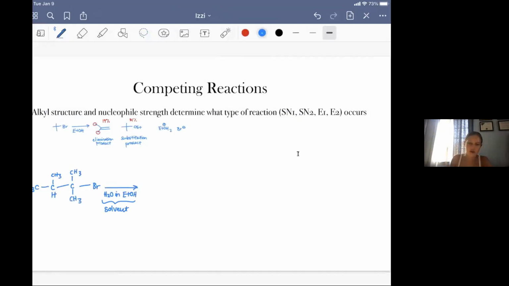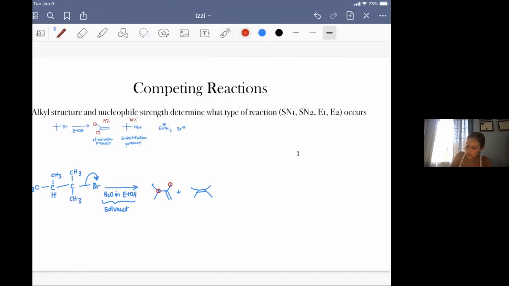So first we can focus on the elimination products. So we know that the Br is going to come off, and that's where the initial carbocation is going to form. So the two elimination products that you can expect, one is having the double bond here, and the other is having the double bond here. So like I said before about the substituents, in the first one, there's 2 substituents on the double bond.